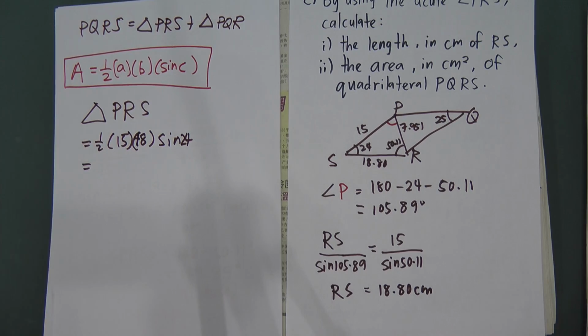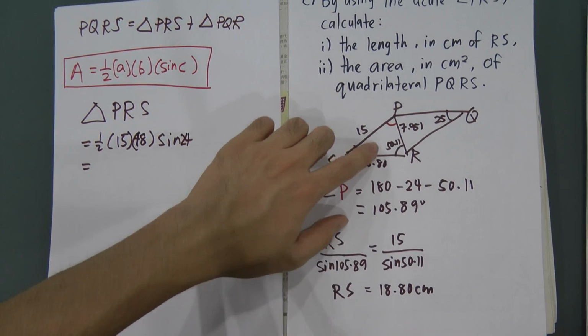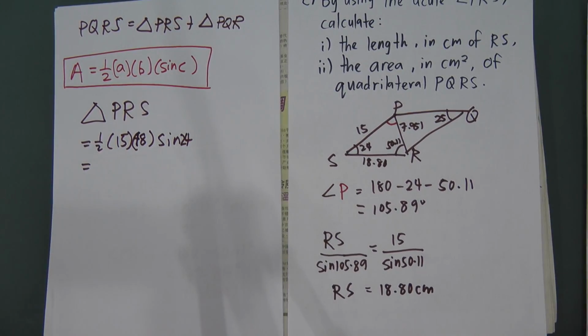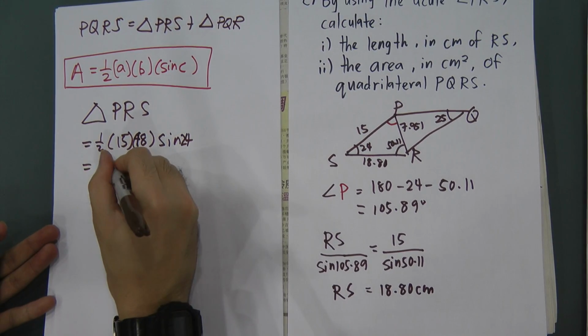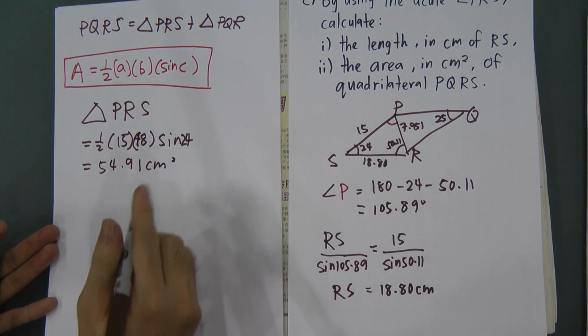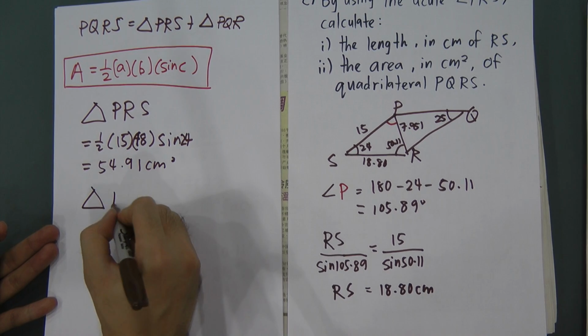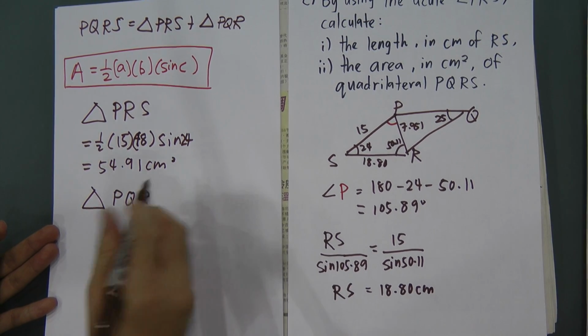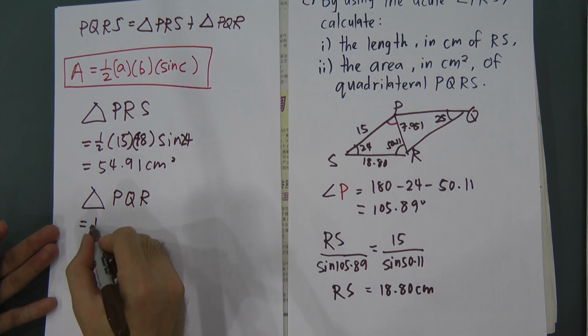This is the formula to calculate area. So it will be 15 multiply 18 multiply sine 24, divided by 2, we got 54.91 cm square for PRS.